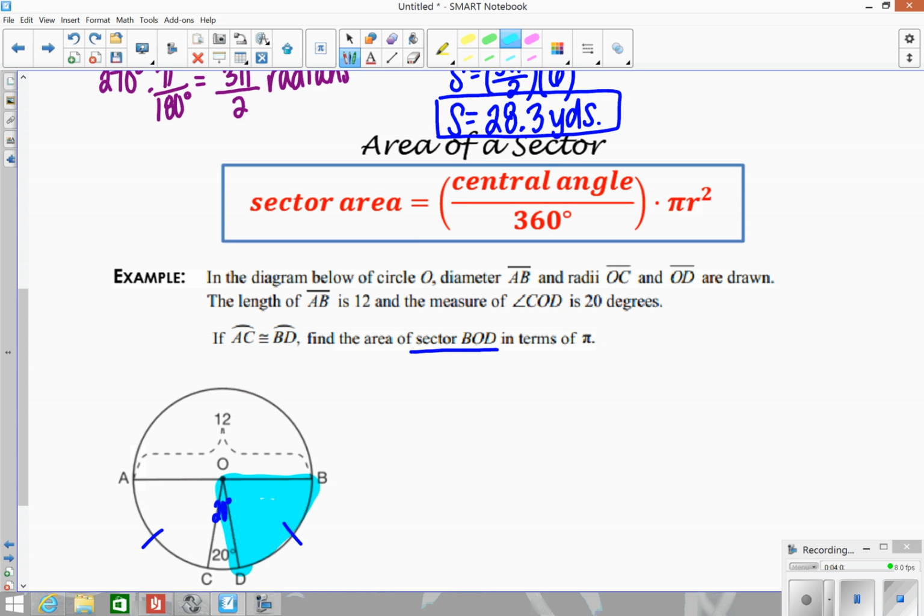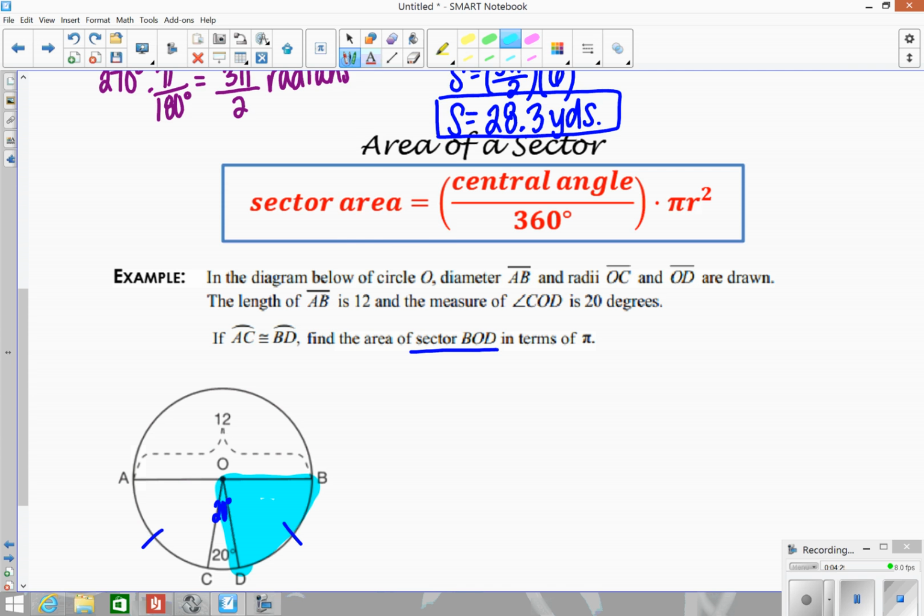So we're going to use the sector area formula, which is basically asking you to take the area of a circle, which is pi r squared, and multiply it by the fraction of the circle this wedge represents. So the angle divided by the total 360 times pi r squared is what's going to happen here. The first thing I need to focus on is figuring out that central angle.